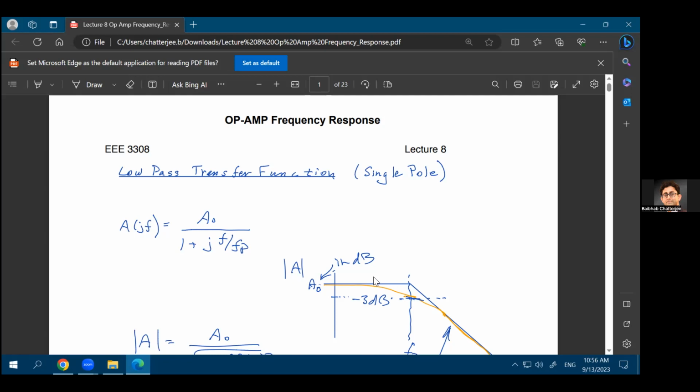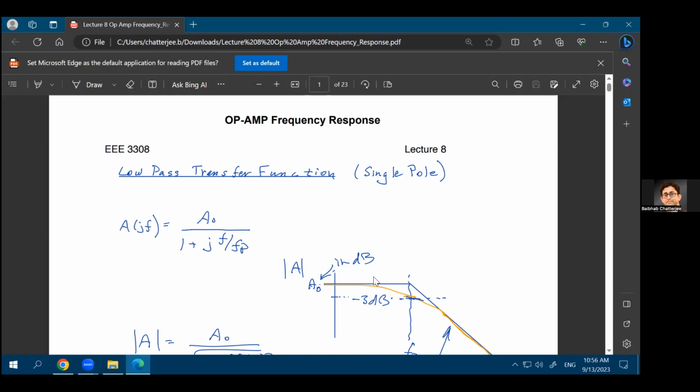Now, in this case, you'll see that the transfer function looks very similar to that, except that in the numerator you have only one, and in the denominator also you have only one s term. So it looks like this: 1 over 1 plus s times R naught C naught. This is in the form of 1 plus s times, let's say, k.